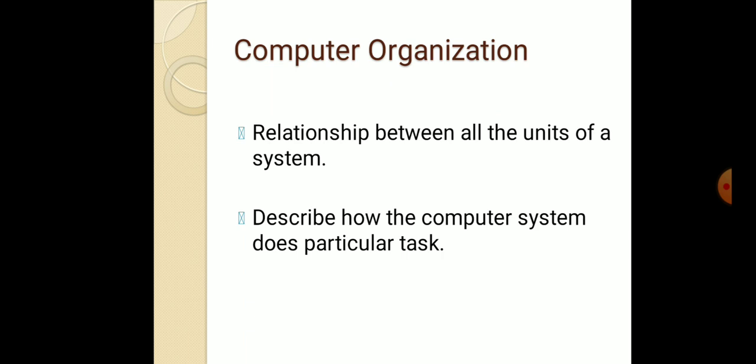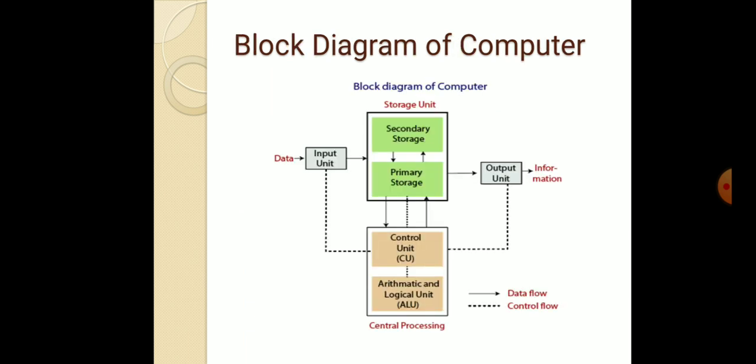Now in our next slide we have the block diagram of a computer. In our block diagram we have divided our computer into basically 3 units. In our first unit we have input, in our second unit we have storage, and in our third unit we have output.